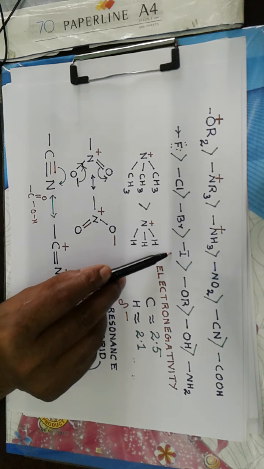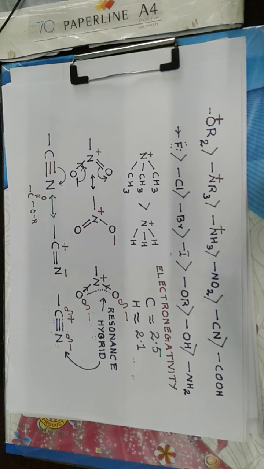And when we compare iodine and the alkoxy group, iodine has an electronegativity of nearly 2.5, whereas oxygen has an electronegativity of 3.5. But the alkyl group is there, which will slightly push the electron density towards the oxygen atom, and so its electron demanding character will be slightly decreased.